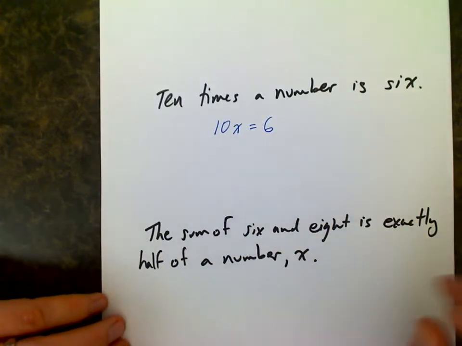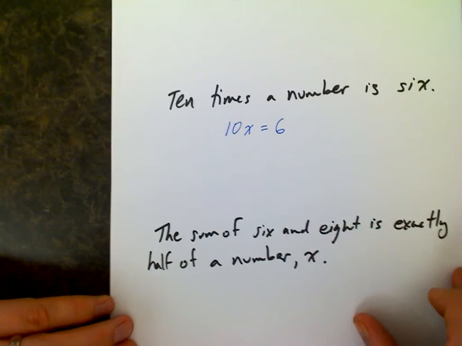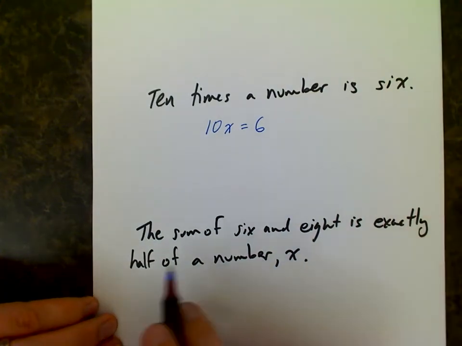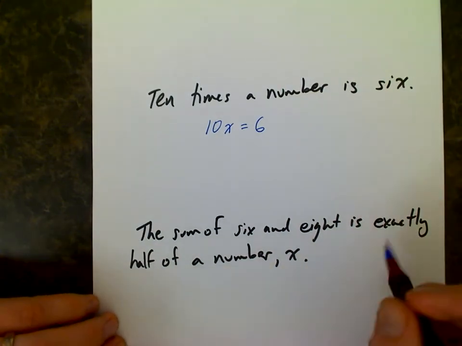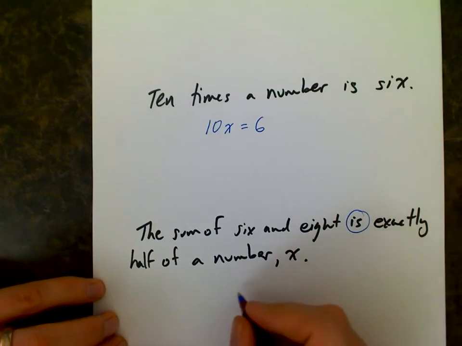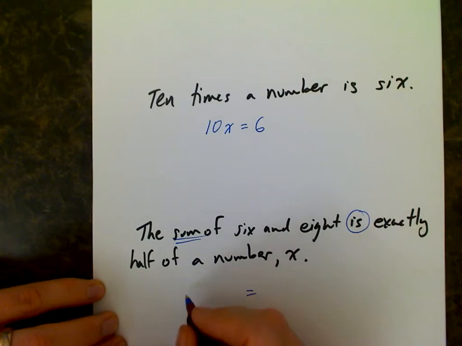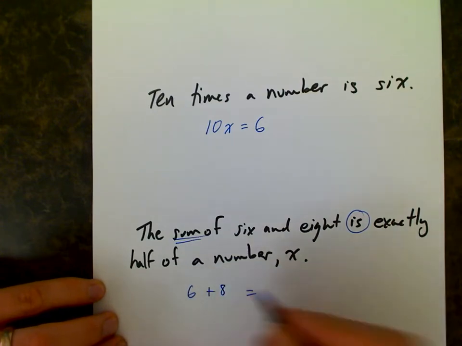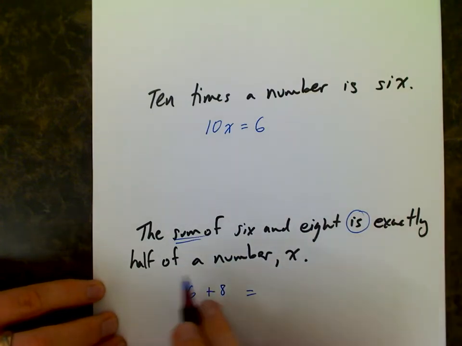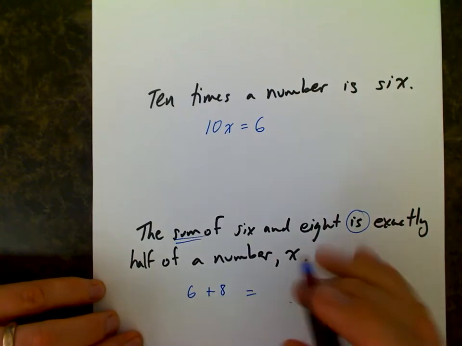And the final example, the sum of 6 and 8 is exactly half of a number x. So there's my equals, the sum of 6 and 8. So sum is addition, 6 plus 8 is exactly half of a number. So you can do this a couple of different ways.